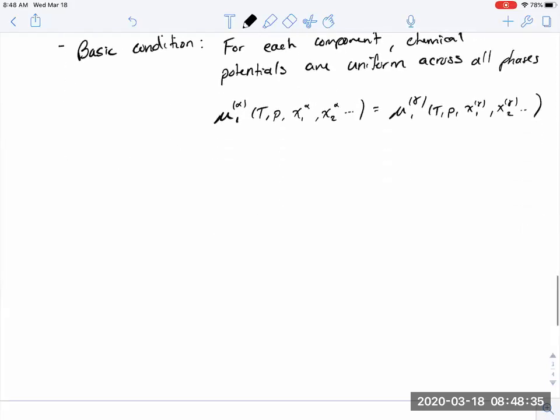So let's work out an example of such a mixture. Let's consider a boiling transition of two miscible fluids. This might, for example, be water and ethanol.